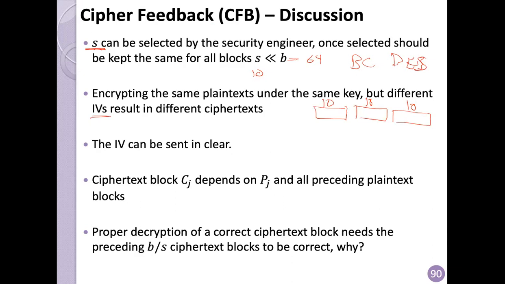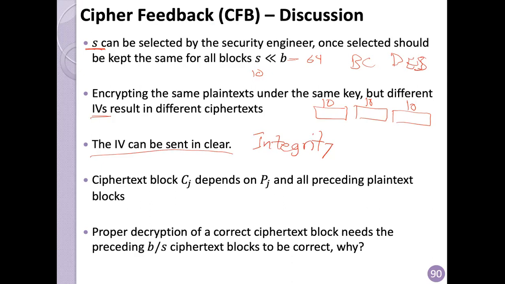And the initialization vector can be sent in the clear. We don't have to protect its secrecy. The only thing that we should make sure about the initialization vector is its integrity. It means that the initialization vector should be kept unchanged. We don't have to keep it secret. If I have encrypted something, I can give you my initialization vector. That's okay.